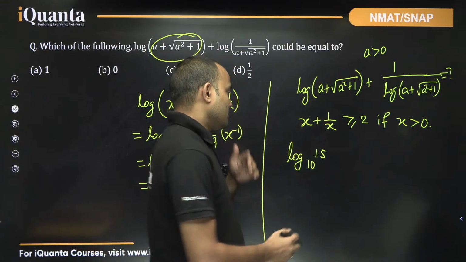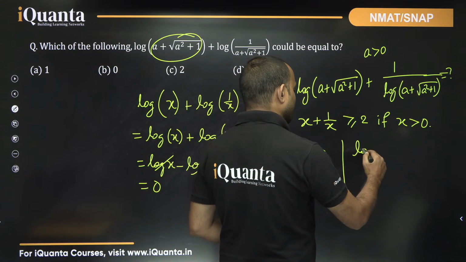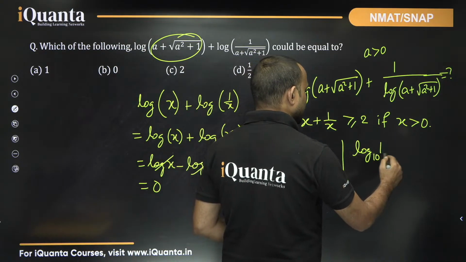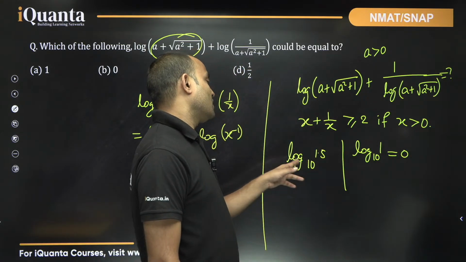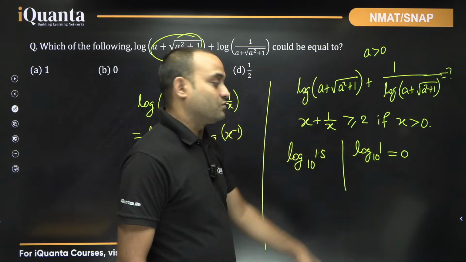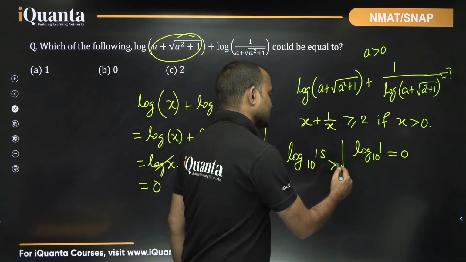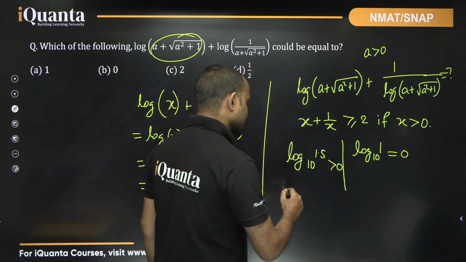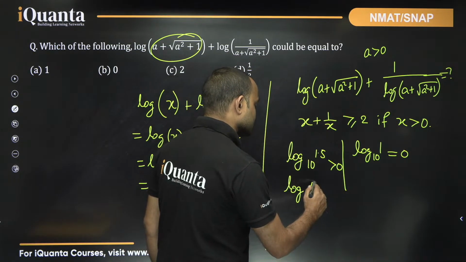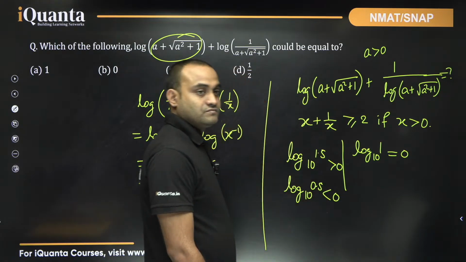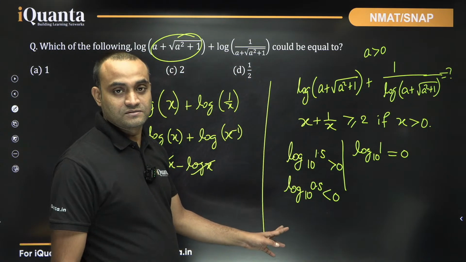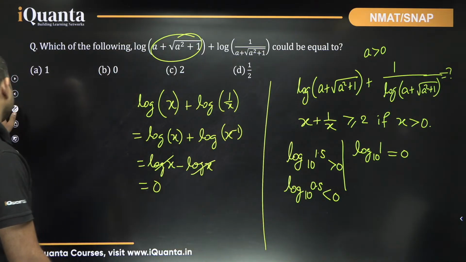See, log 1 to the base 10 is always 0. If you are taking anything greater than 1, then this will be greater than 0. If you are taking something like log 0.5 to the base 10, this will be negative. Understood?